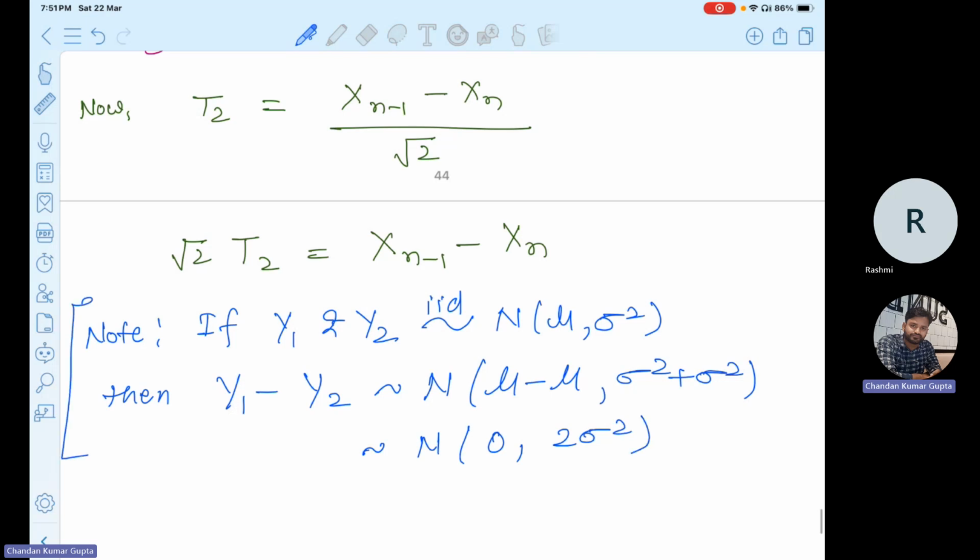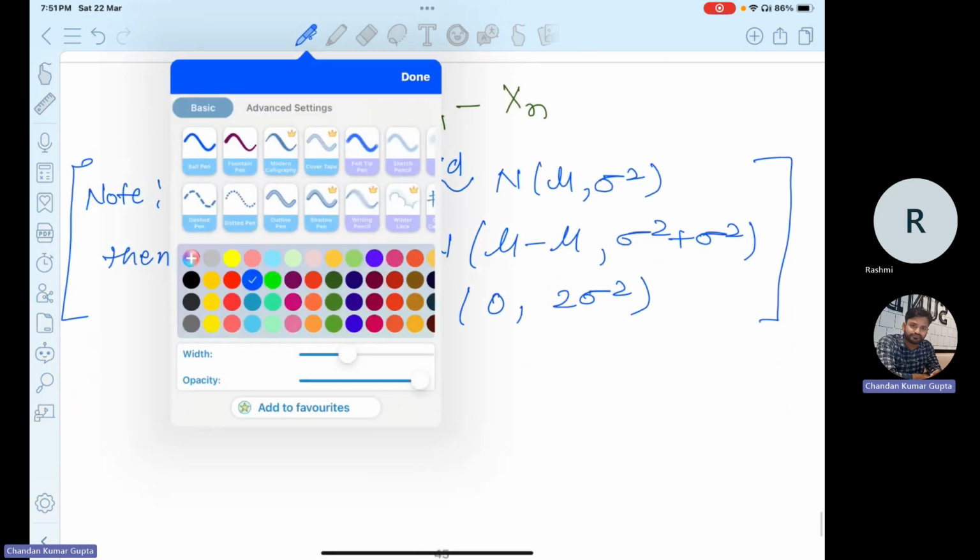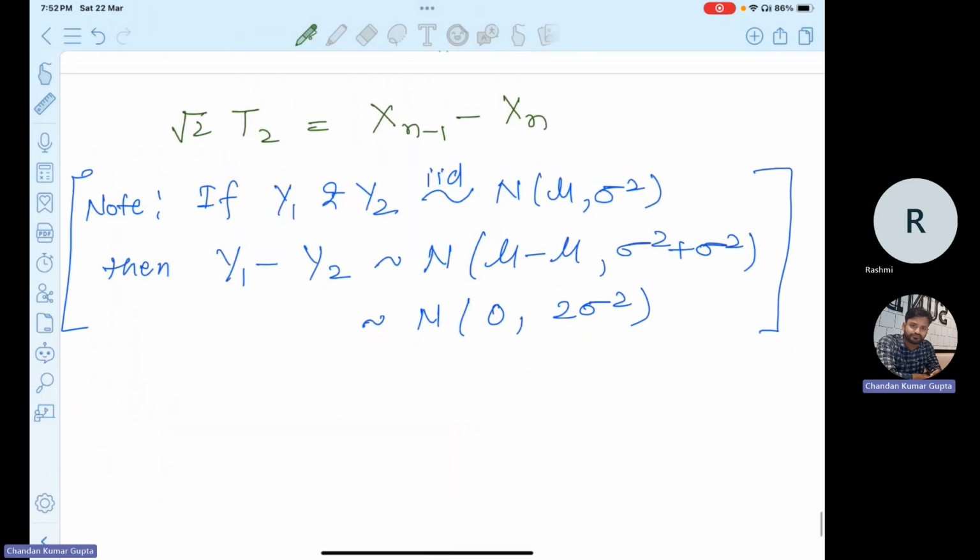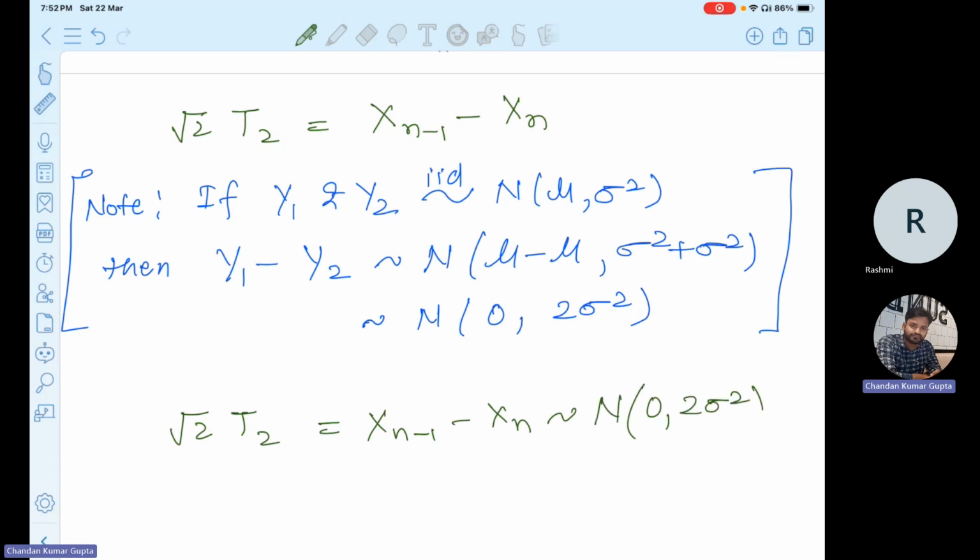Using the same logic, root 2 T2 equal to xn minus 1 minus xn again follows normal with mean 0 and variance 2 sigma square, because of the linearity property. Now we have these two things.